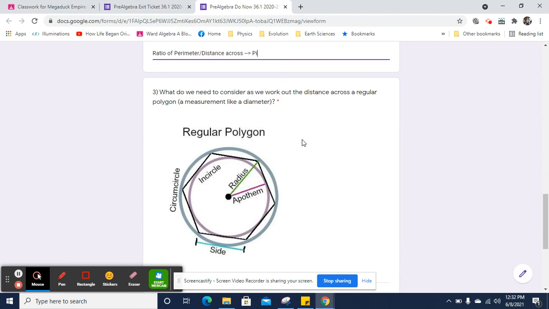But as you work this out, you would end up with a perimeter that's divided by a distance. So one of the ratios is going to be larger than pi, and the other one is going to be less than pi. But as we increase the number of sides of a polygon, those two numbers should get closer and closer to pi from either side. And I think that's a good place to start.